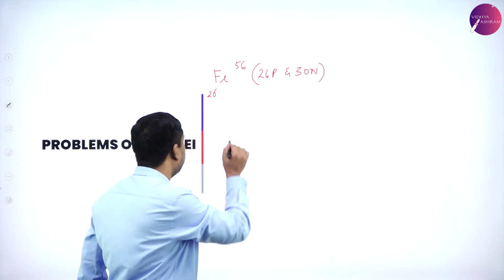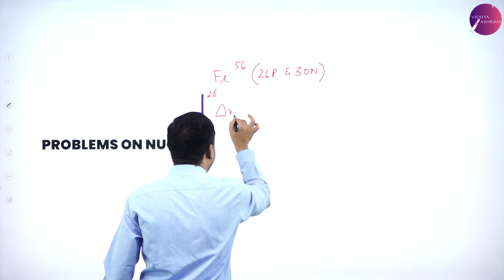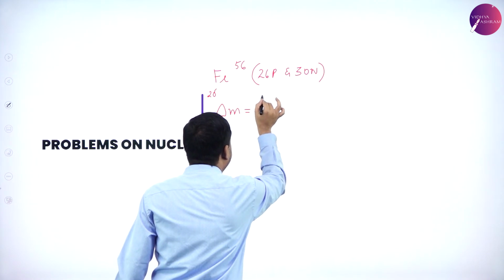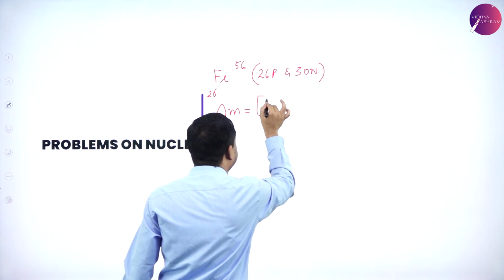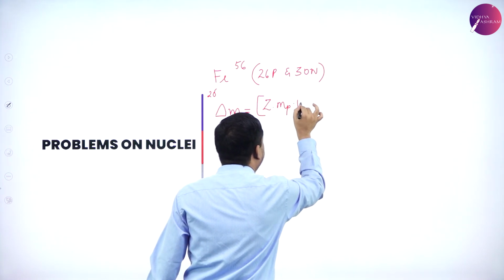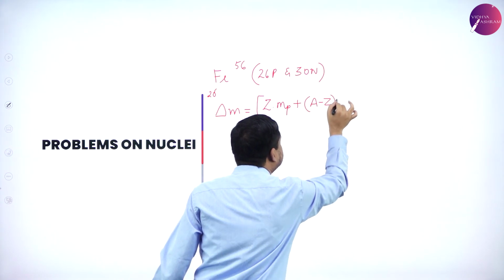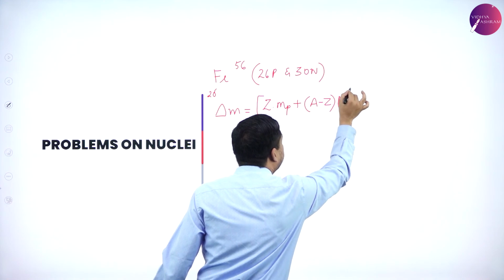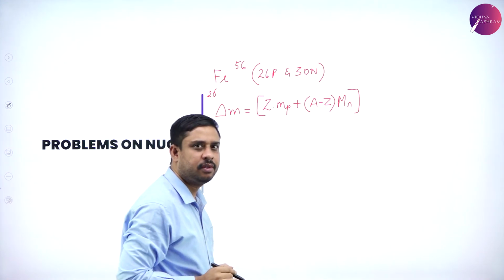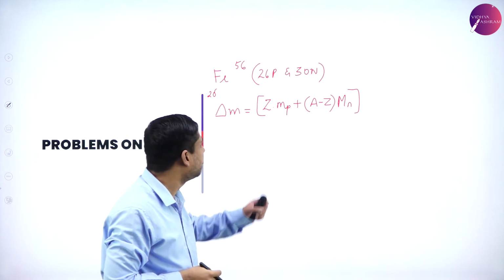So here I calculate mass defect as delta M equals Z Mp plus A minus Z Mn. We also have this expression for mass defect.